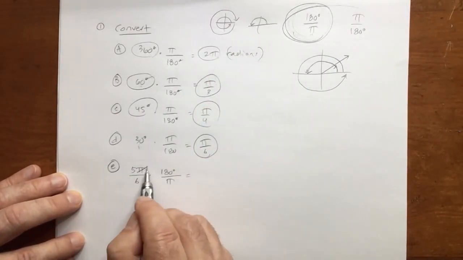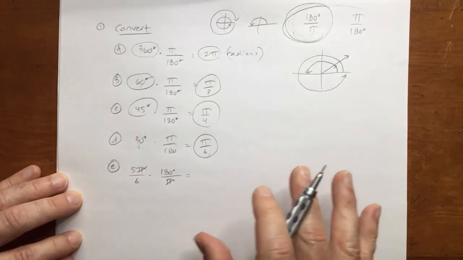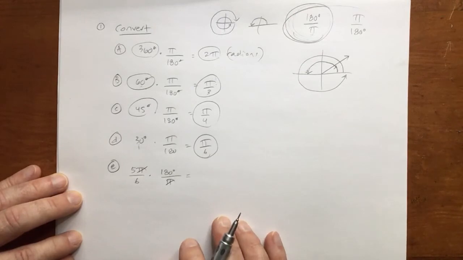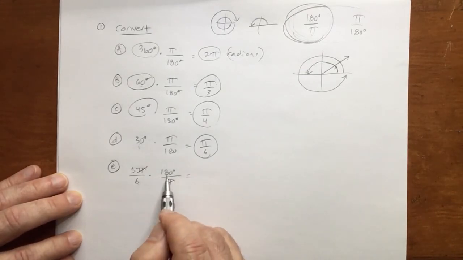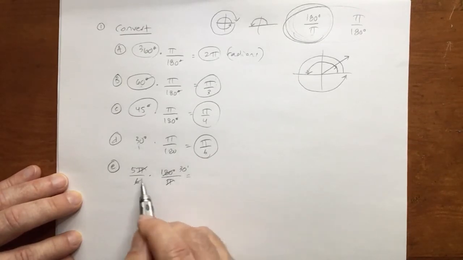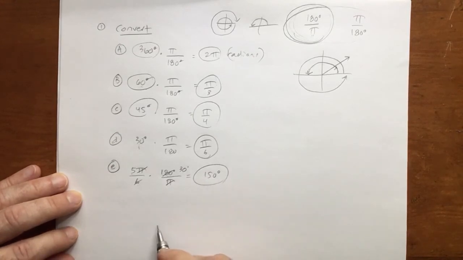Okay, and note that the pi will reduce. Typically, you never see pi if your angle is measured in degrees. Look, 6 and 180, 6 goes into 180 30 times, and 5 times 30 is 150 degrees.